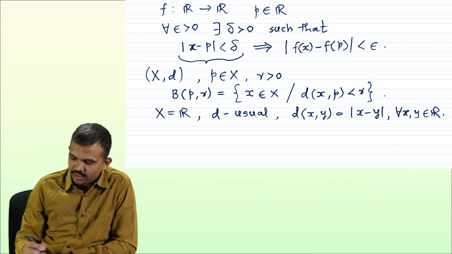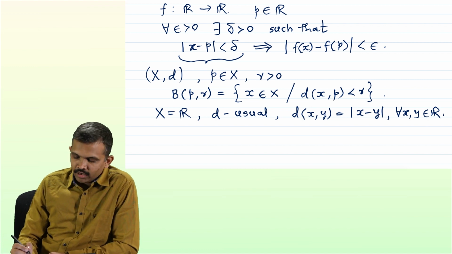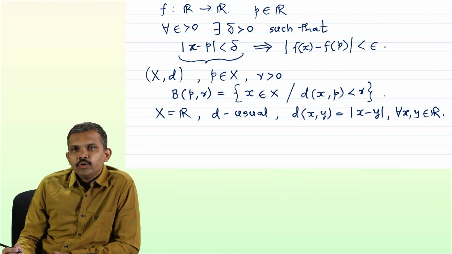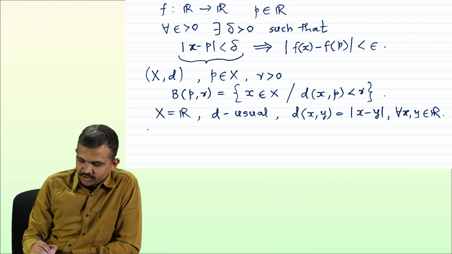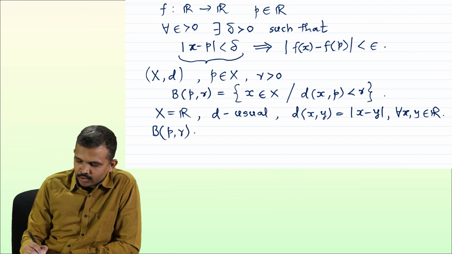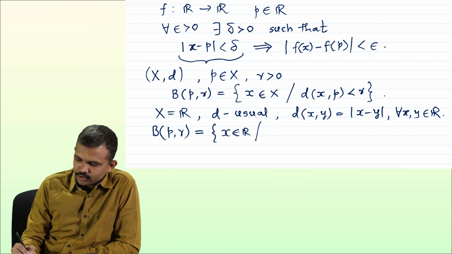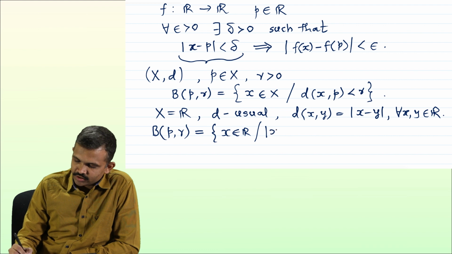So this is the metric that I have, and let us figure out what the open ball looks like in this particular metric space. I would like to work in general. Let us take any real number p and any r positive. Then B(p, r), by definition, is all those real numbers x for which the distance between x and p is less than r.